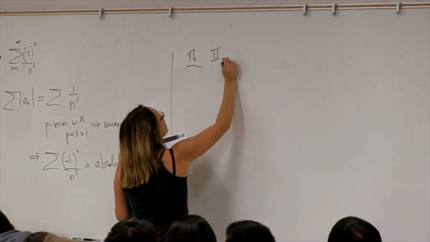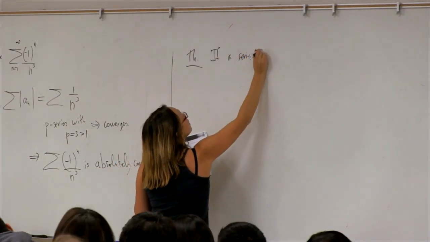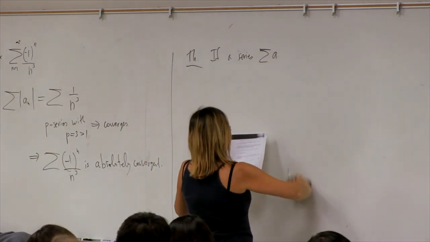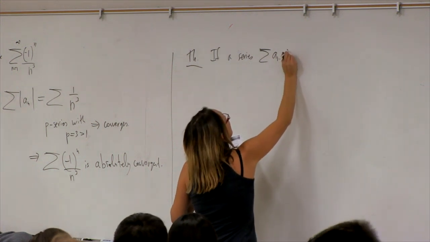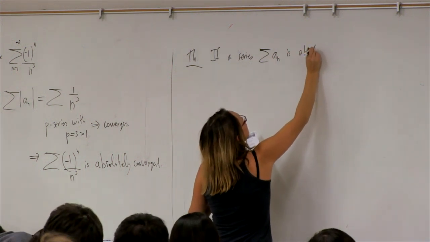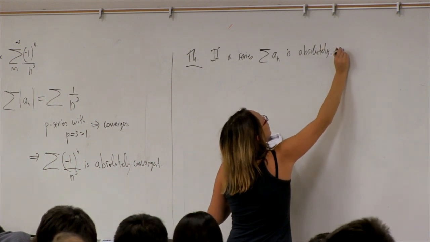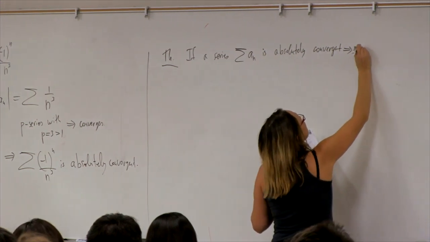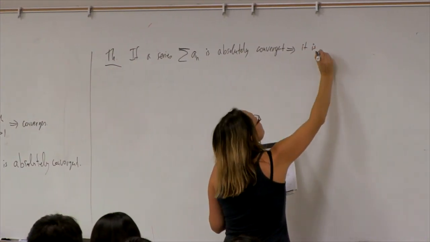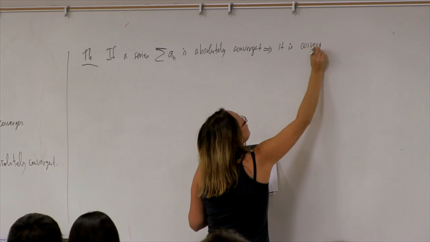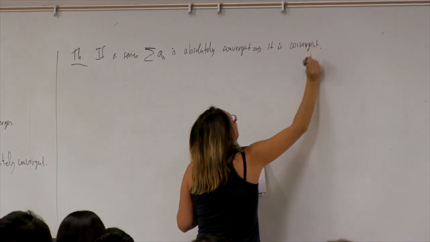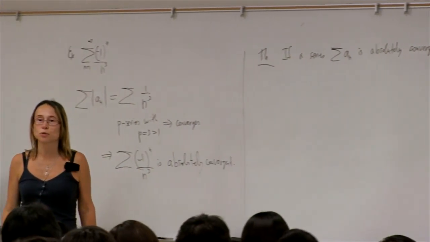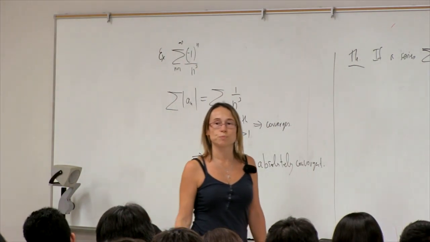If a series a_n is absolutely convergent, then for sure it is convergent. So basically, if we can prove that the absolute values converge, then the series itself has to converge.